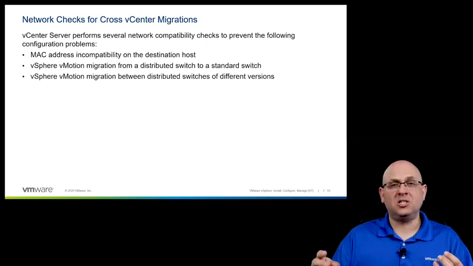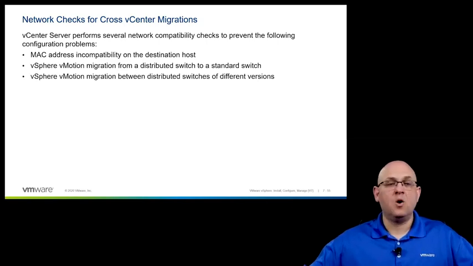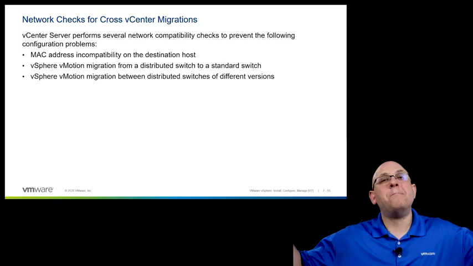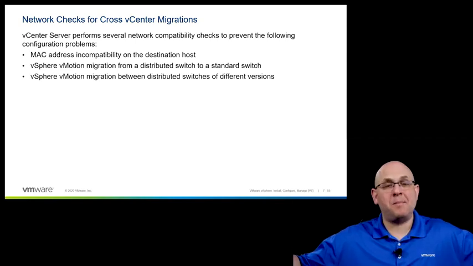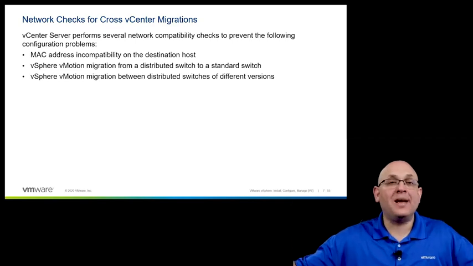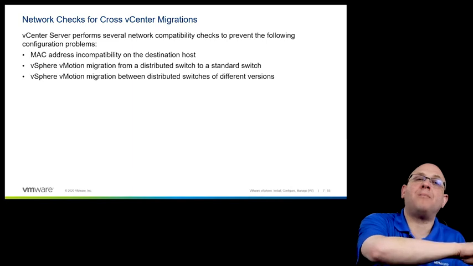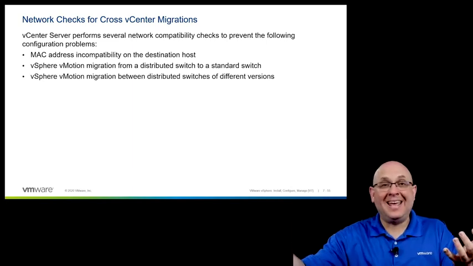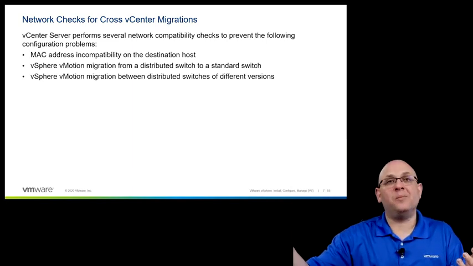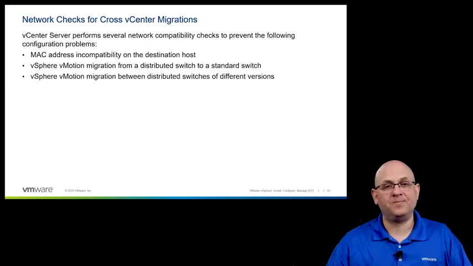So you can imagine an environment where I have two vCenters with virtual machines that might have the same MAC addresses. And if those networks are separated, that's fine. But if I then try to migrate a virtual machine into an environment that already has that MAC address in use, I'm going to have a problem.